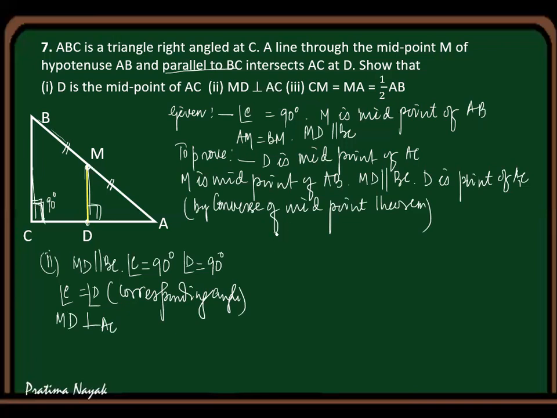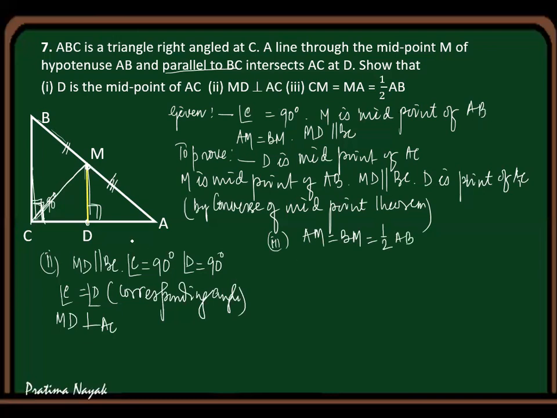Now coming to the third part. Third part is CM. We have to join CM. CM is equal to MA is equal to half of AB. First, AM is equal to half of AB. M is the midpoint, so AM is equal to BM and AM is equal to half of AB.